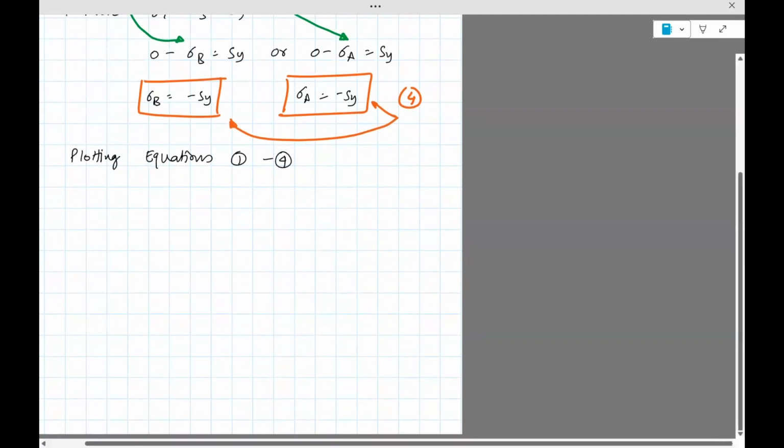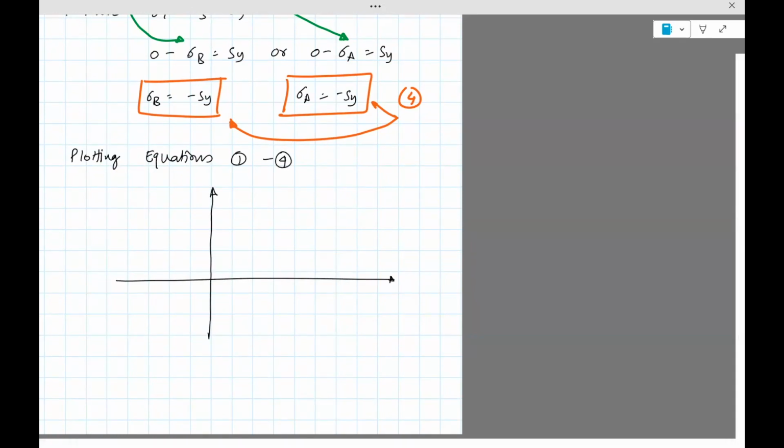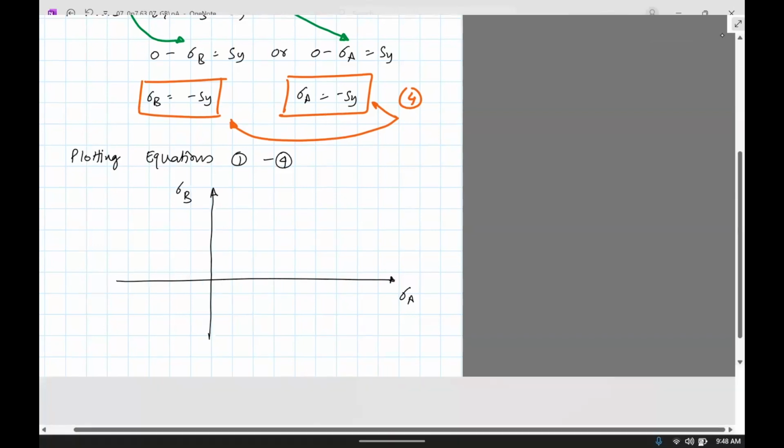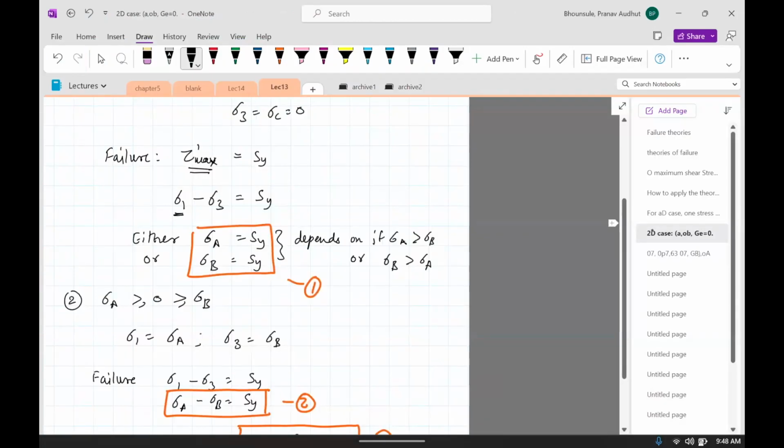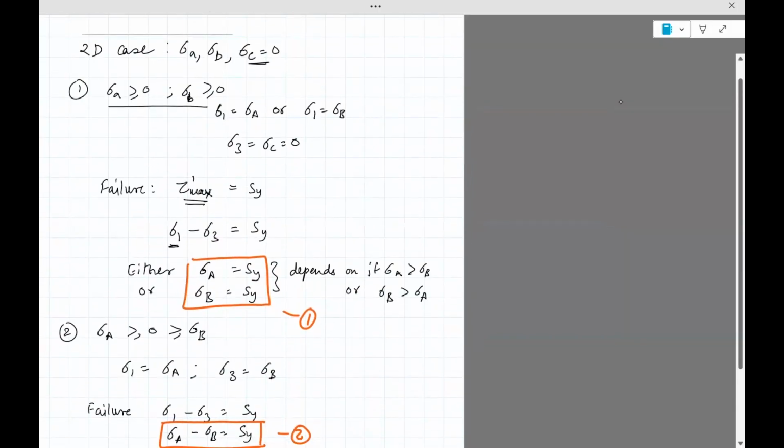I'm going to draw the axes, sigma A, sigma B. Okay, first let's look at the positive values. So this is when sigma A and sigma B are in the first quadrant.